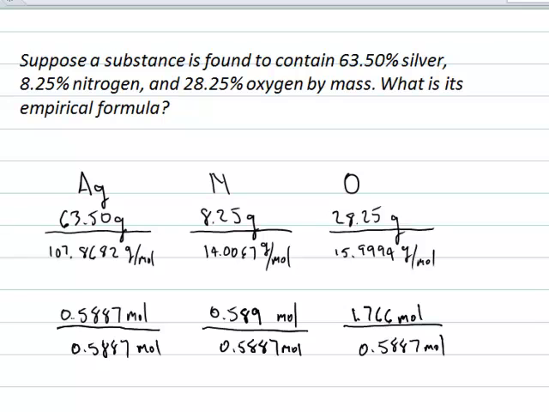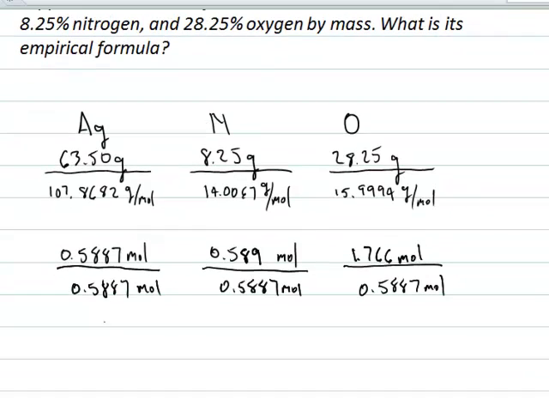Okay, so we look at those original numbers, divide all three of these by the smallest number there, and that's going to give us this one, of course, is 1.000. This one, 1.00, and this one gives us 3.000.